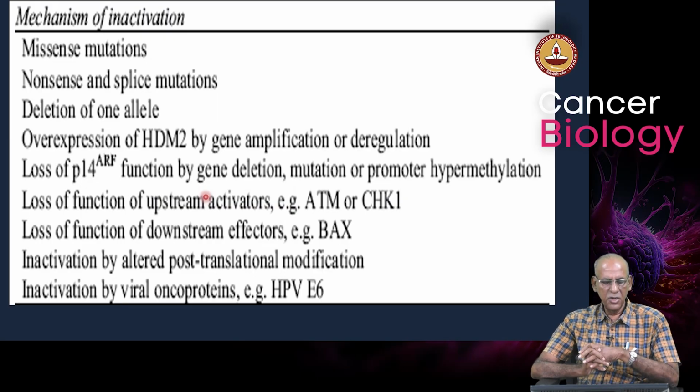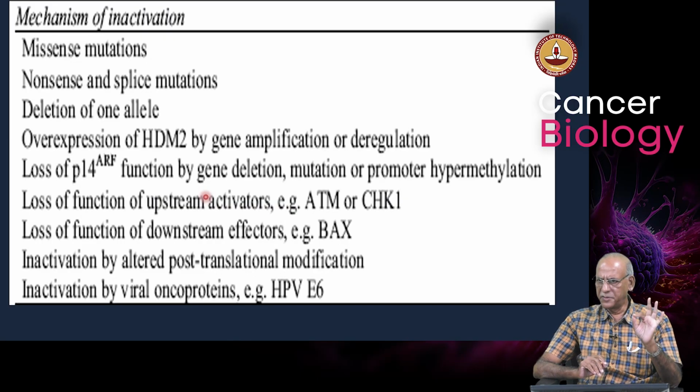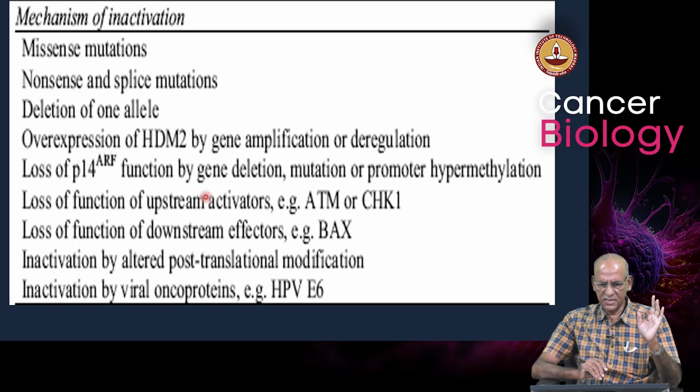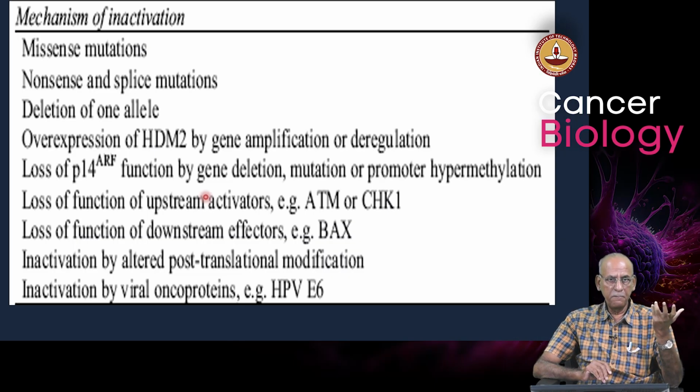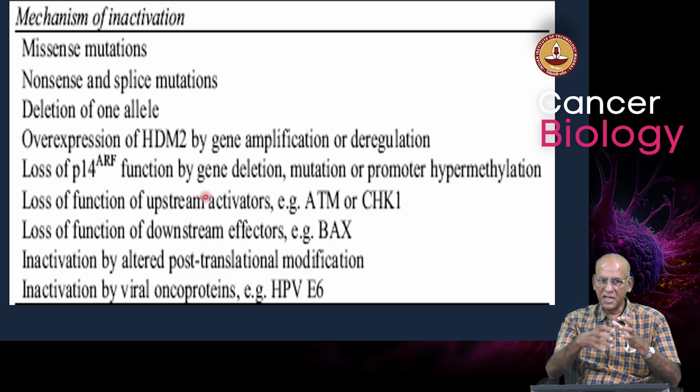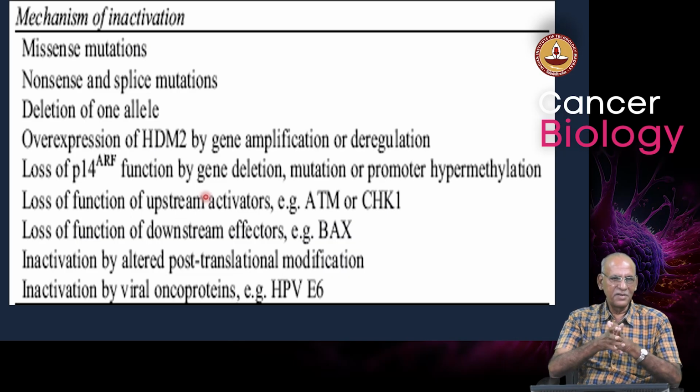Usually there is a point mutation, but there can also be nonsense and splice mutations, deletion of one allele, and overexpression of its inhibitor, MDM2.